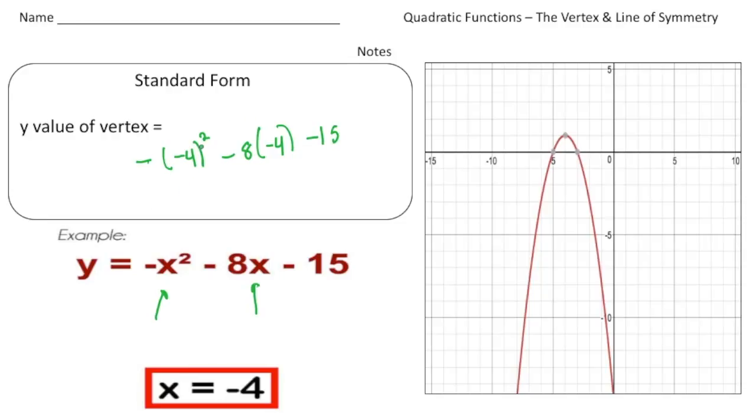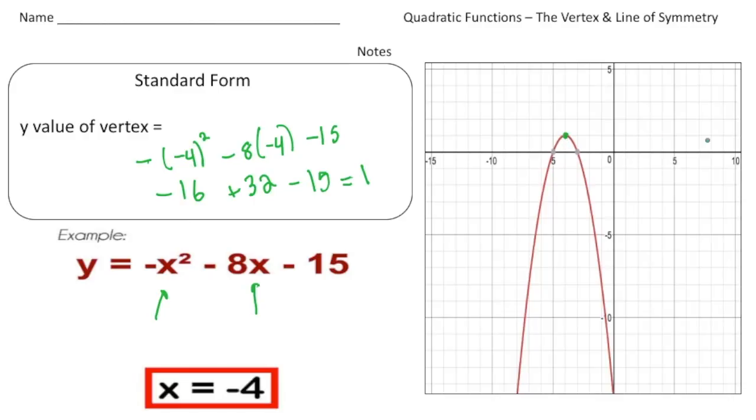So this is going to be 16, and that'll make that a -16. And then this is going to be a +32, and then minus 15. When I simplify this, -16 and -15 is -31, and -31 plus 32 gives us a y value of 1. And again, if you look at the vertex, that has a y value of 1.